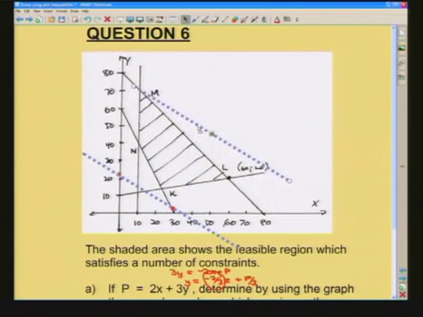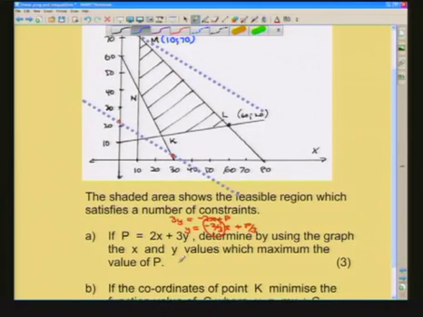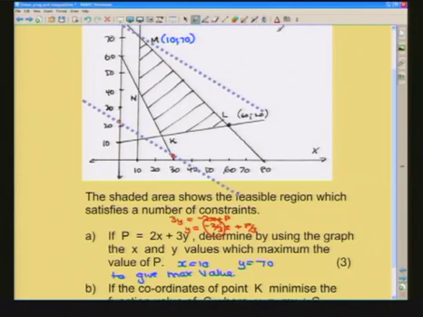Okay, up there I can see is my maximum value at M. And I can see from this value that it's not going to be too problematic because this is going to be the coordinate (10, 70). So it's easy enough to answer this. So for this question, x will be 10, y will be 70 to give the maximum value. They didn't ask for the maximum value, but if you went and worked it out, that's okay.